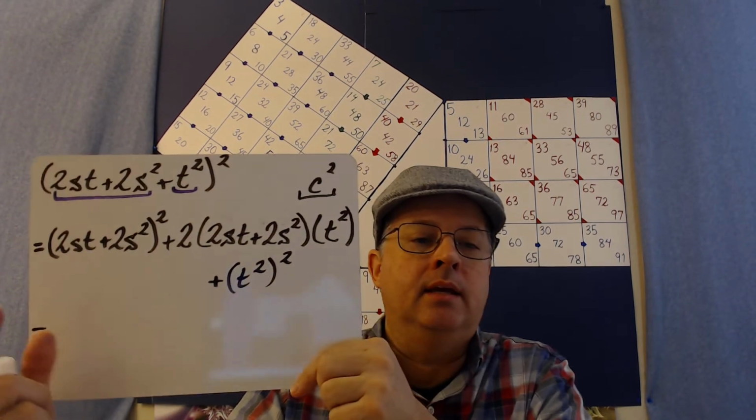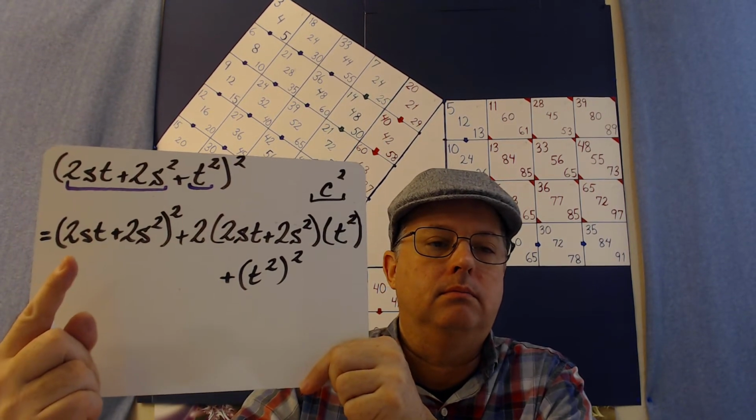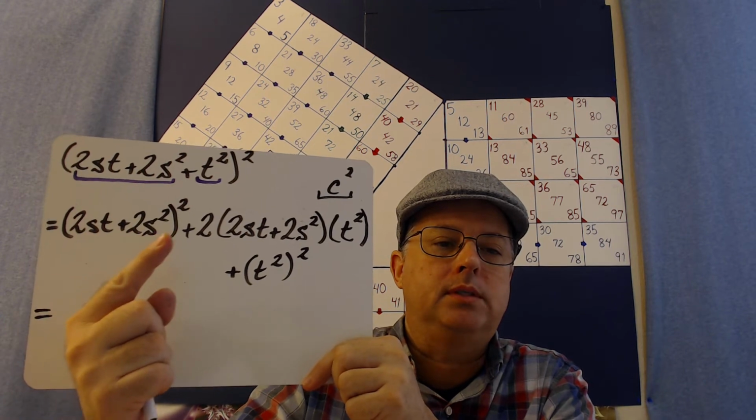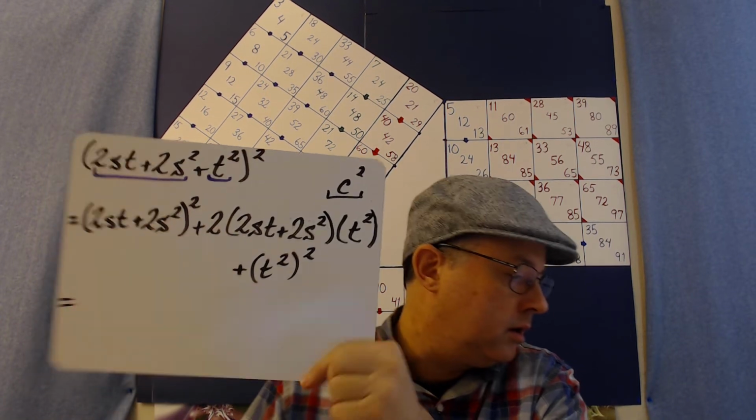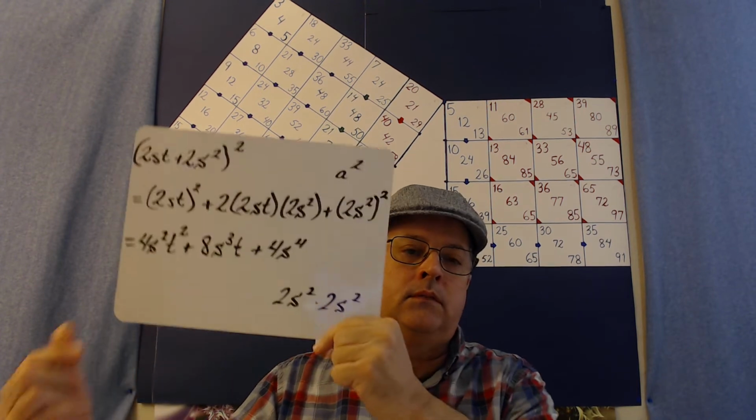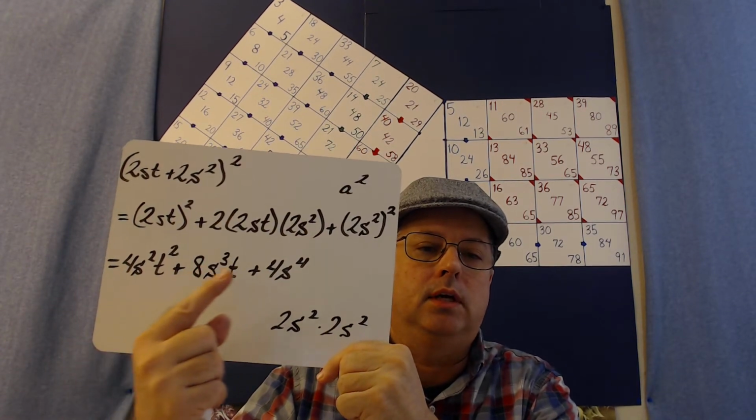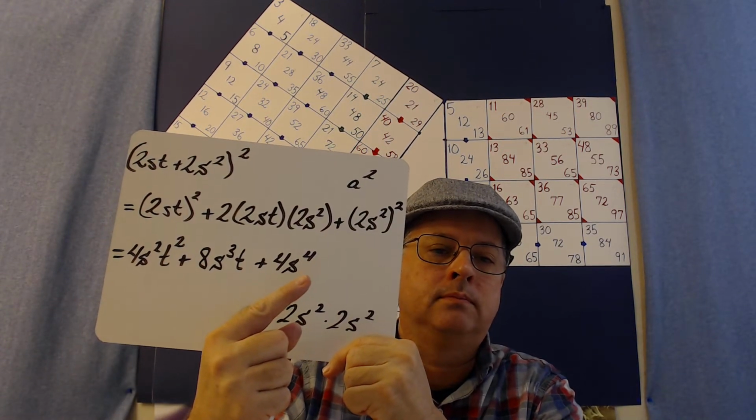Okay, so now in the previous problem here, we had this 2st plus 2s squared, squared. That's this one right here. And so we already know what that gives us. It gives us this expression here. So let's go ahead and write that down.